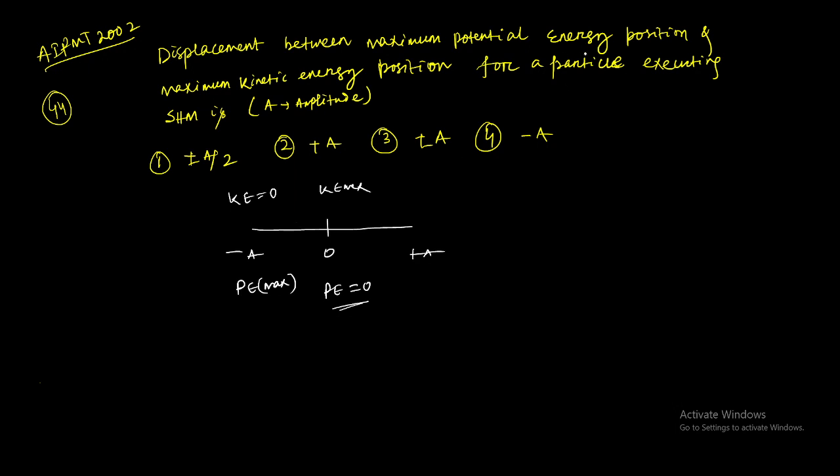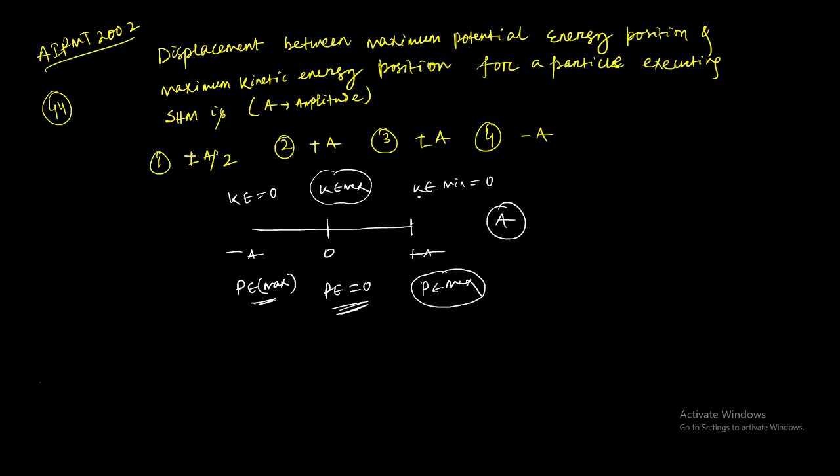Now they are asking the displacement between minimum potential energy, which is this one, and maximum kinetic energy, this one or this one also, right? This will be KE maximum, PE minimum, that is equal to 0, and PE maximum. Maximum potential energy is this one, and maximum kinetic energy is this one. The displacement will be 0 to x equal to a.